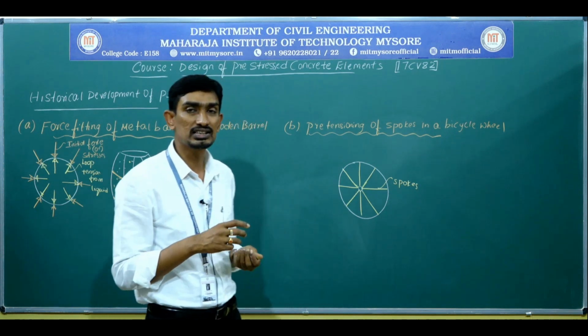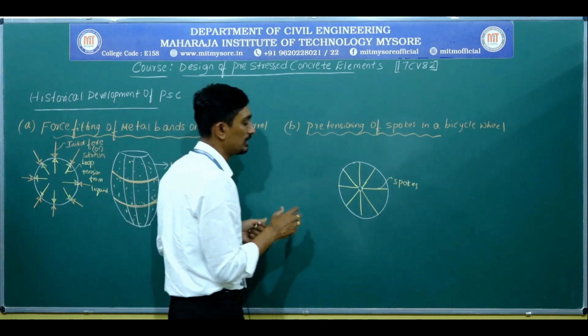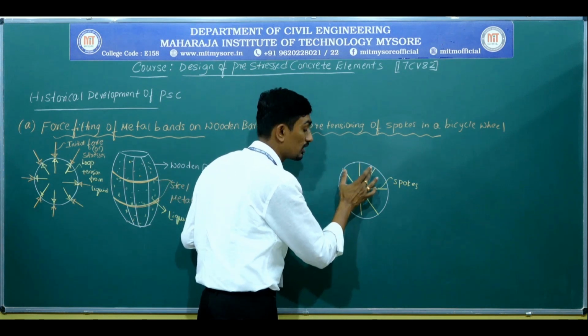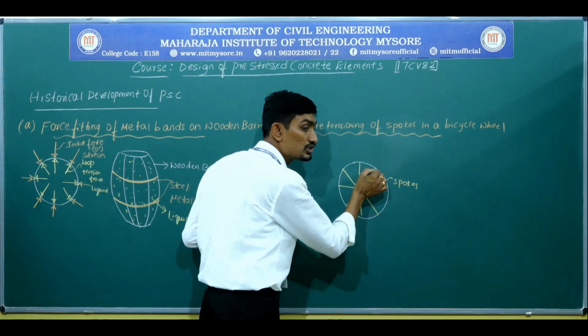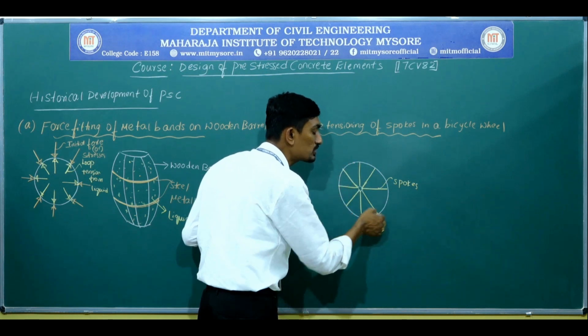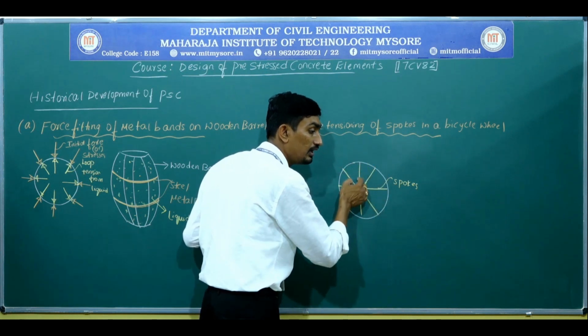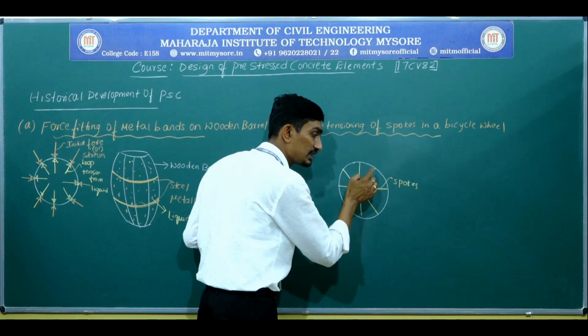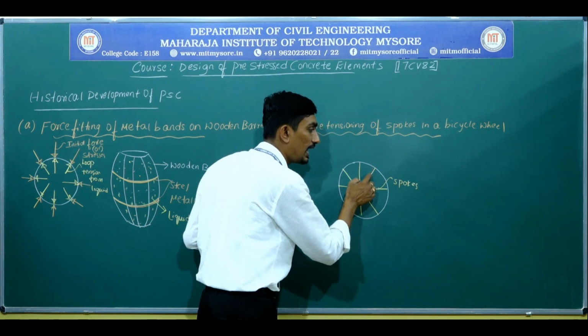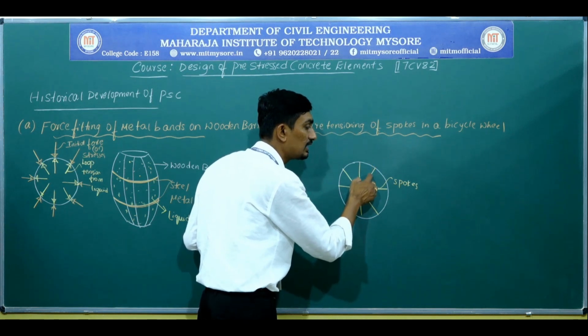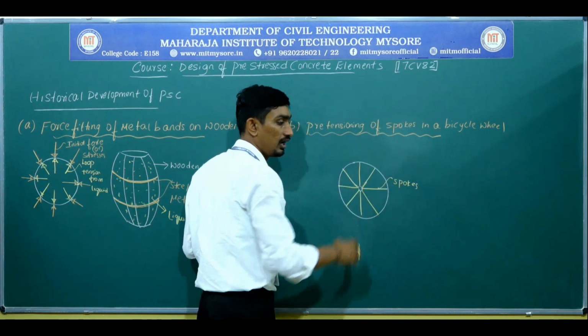Those stresses will be counteracted by the pre-tension, or I can say the stretched spokes, which is induced inside the bicycle wheel. These stresses will counteract the stresses resulting from the external load.